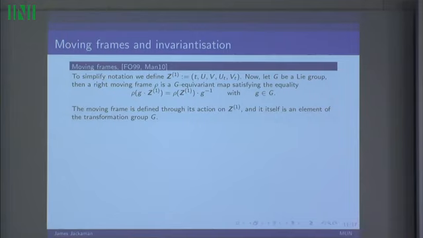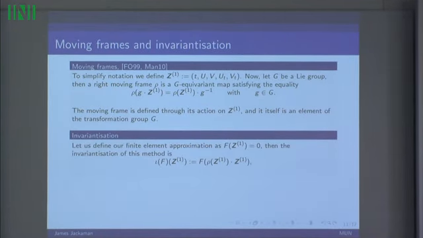We can define a moving frame which acts on a vector z, where z is t, u, v, ut, and vt, to be defined to satisfy the following identity. This moving frame is itself an element of the transformation group, so it is a very particular group element.